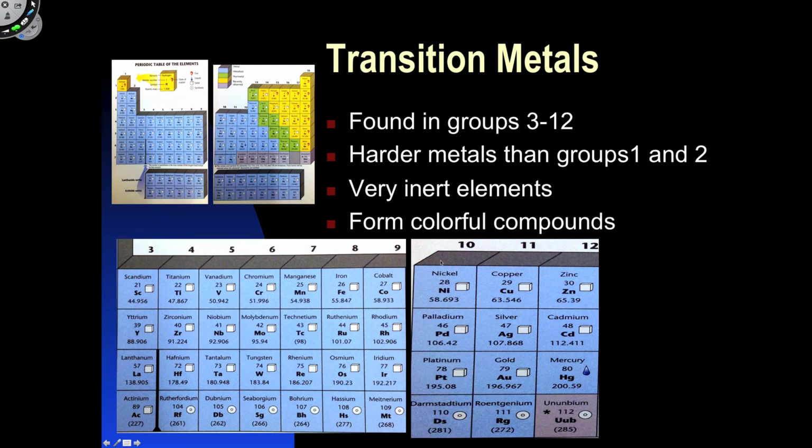But copper sulfate, a blue solid. Iron oxide, which is what rust is. There are a lot of compounds that are colorful because of the electron structure in the transition metals, which we'll get into later.